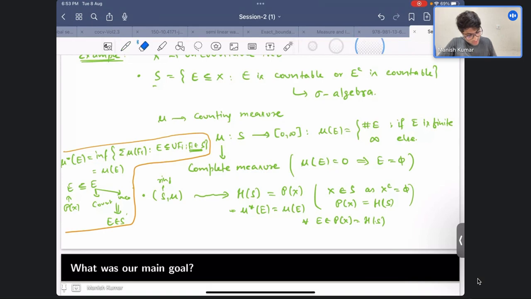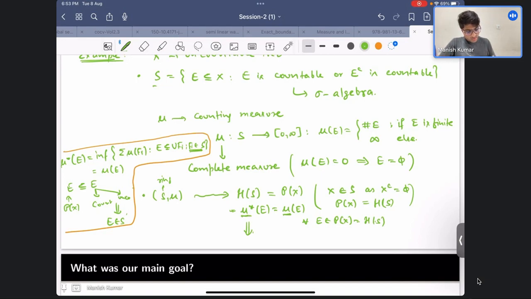Now what does this mean? So what does this imply? See, mu star is in fact a measure. So this outer measure is no longer an outer measure. It is actually a measure.